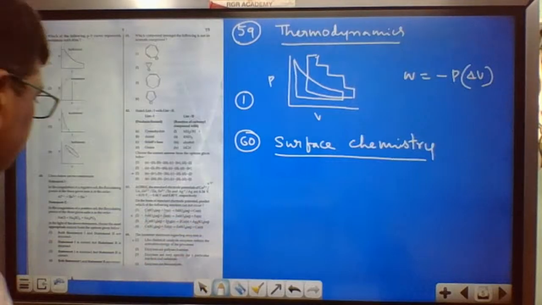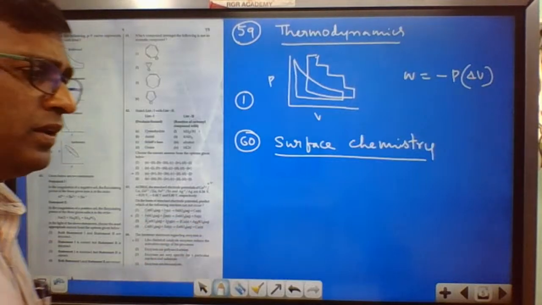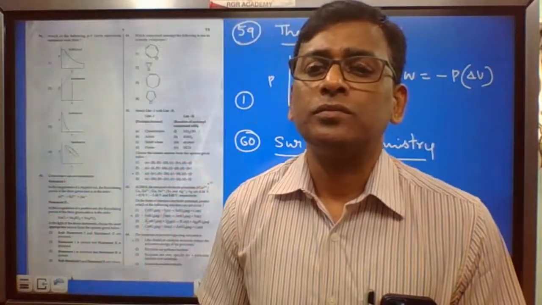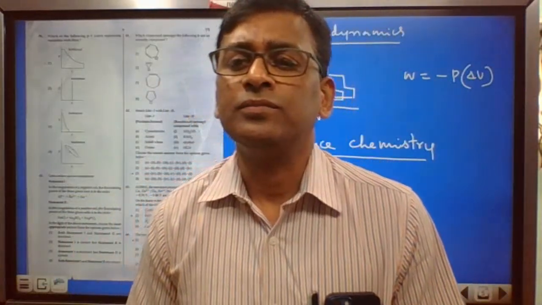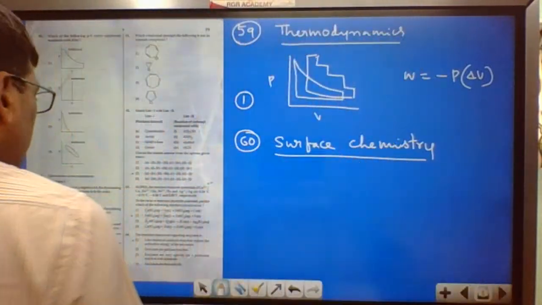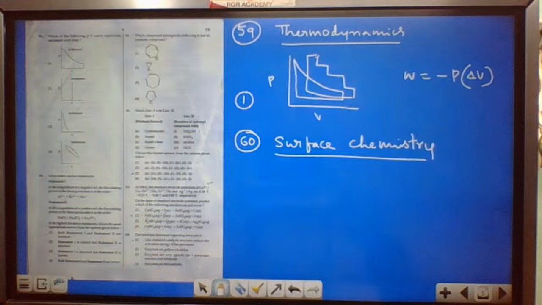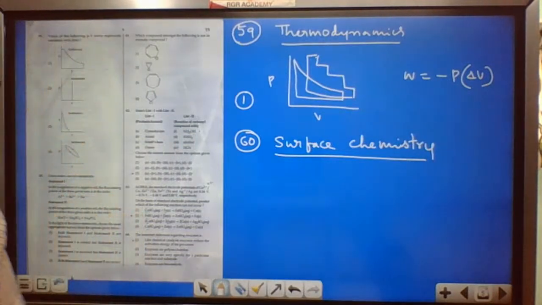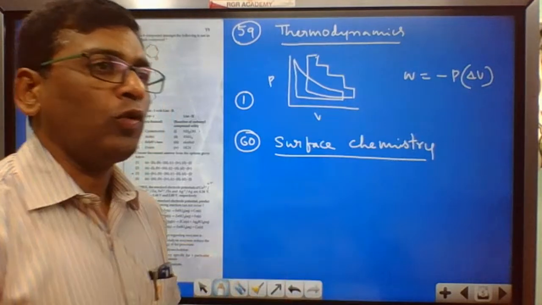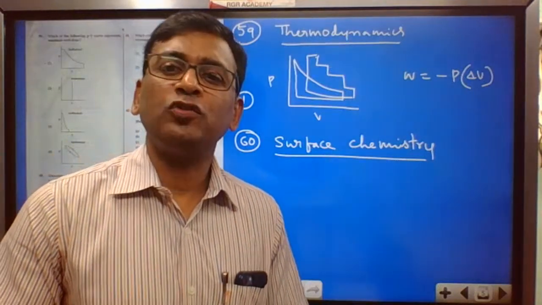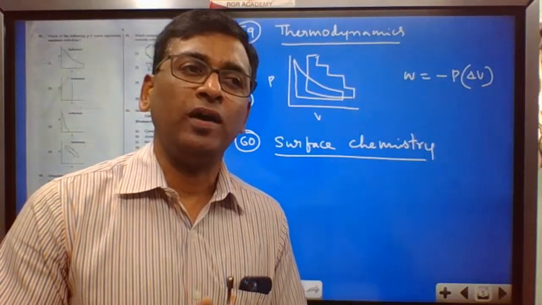Statement 1 they gave. We know the Hardy-Schulze law: for negative colloids, the charge on the cation should be more for more coagulation.